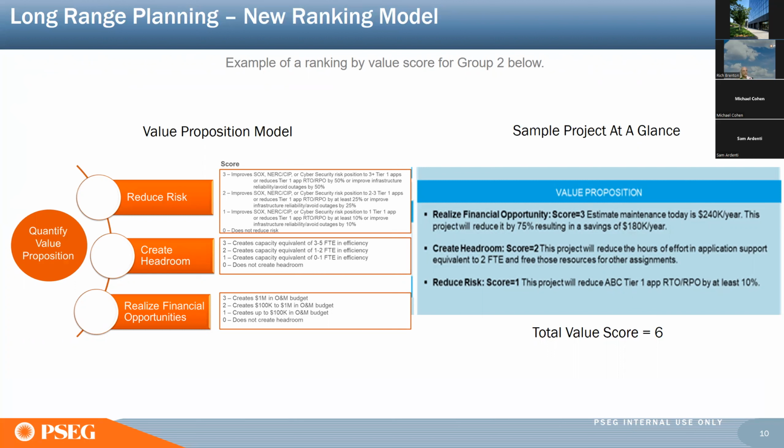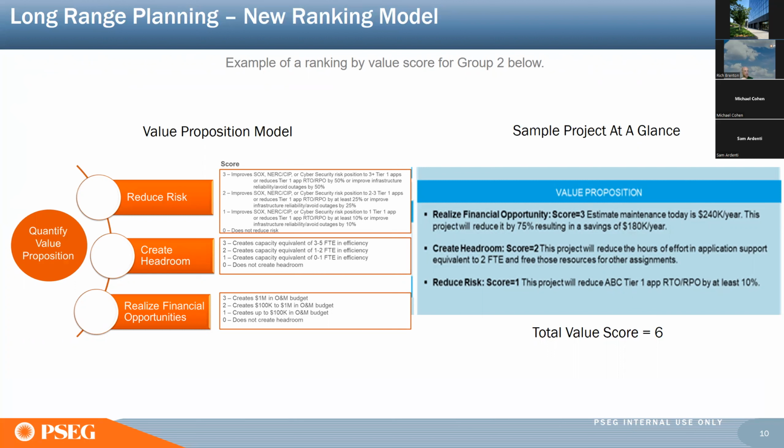That gives you one scoring. Does it create headroom, right? Like an efficiency or replacement. And lastly, does it allow us to increase revenue? We can increase revenue either by adding new transactions or new types, or by reducing the cost of a transaction. That's more of that headroom.